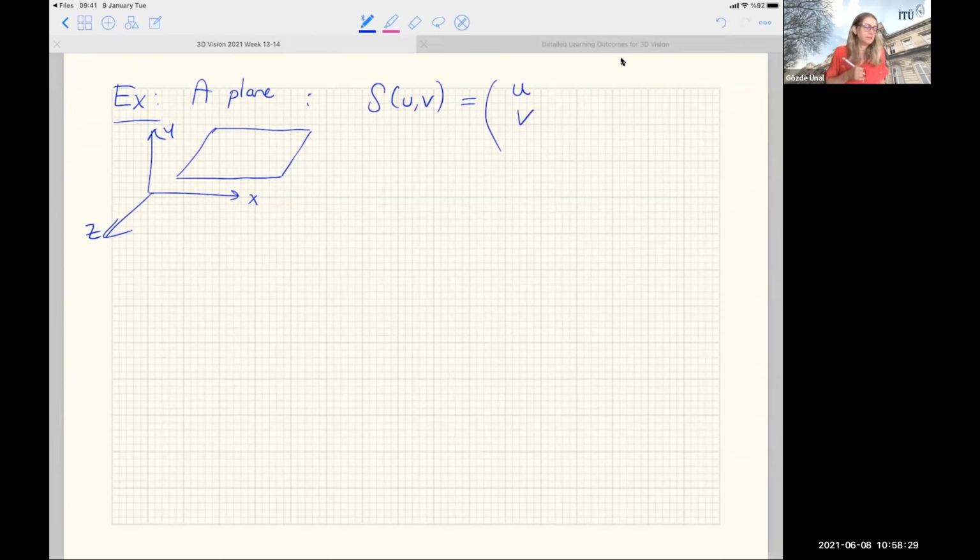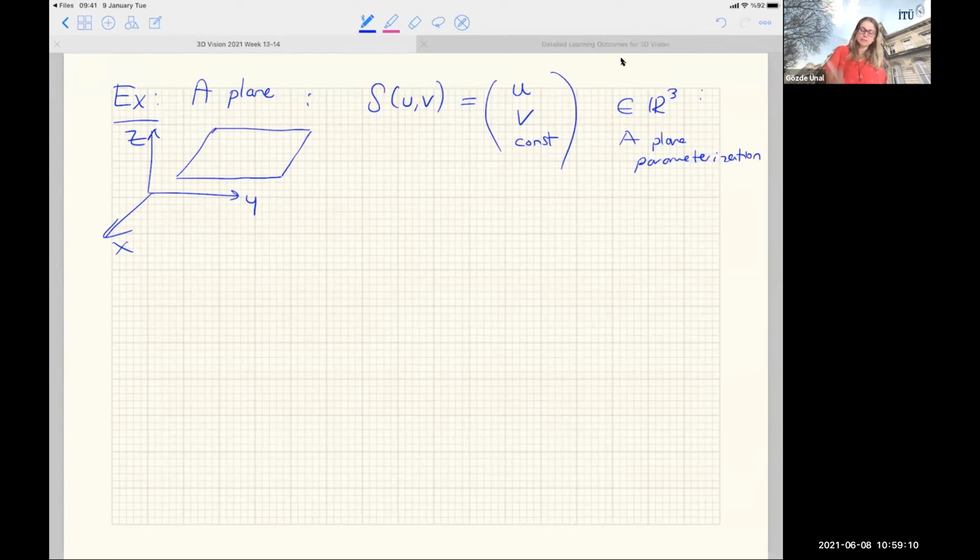Maybe I should have shown it the other way around, so let's show it in this way, because it's more relevant: X, Y, Z, a constant in the Z, and u, v are in the same axes as X, Y. This is clear, right? This is a plane parameterization in 3D, in R^3. A very easy, straightforward surface parameterization, you see.